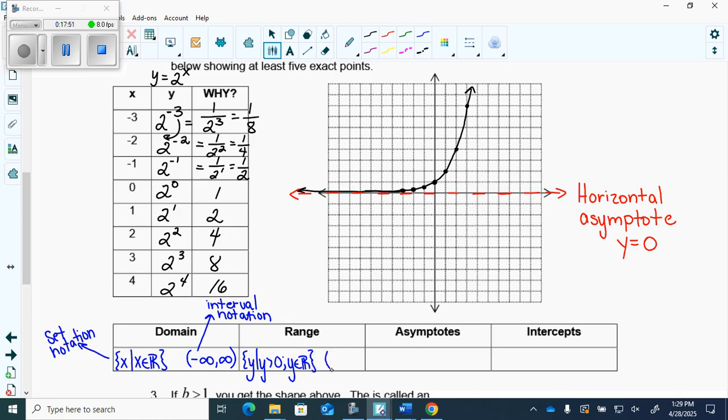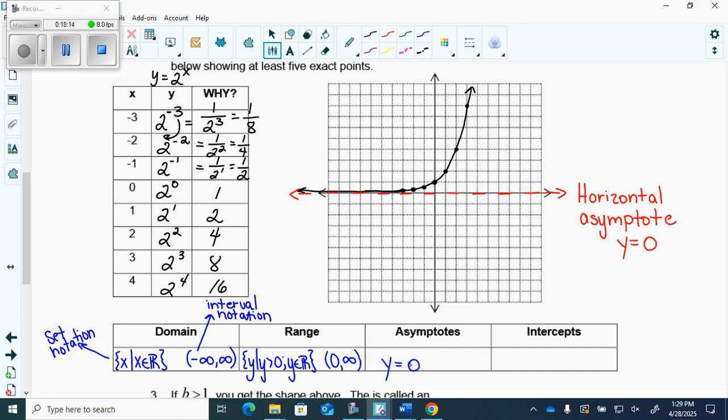And in interval notation, that would be round bracket, 0 to infinity, round bracket. So it kind of looks like a coordinate. Yeah, because you can't equal infinity. Infinity is a concept. And then the asymptote is at y equals 0.